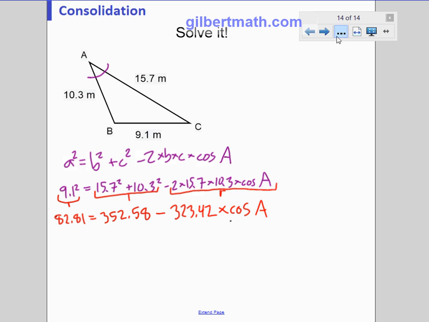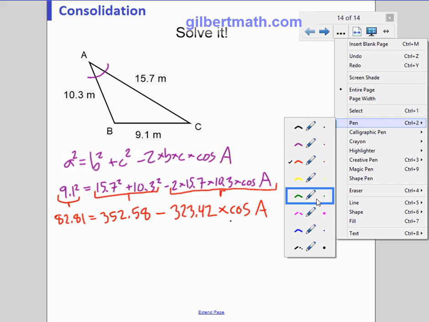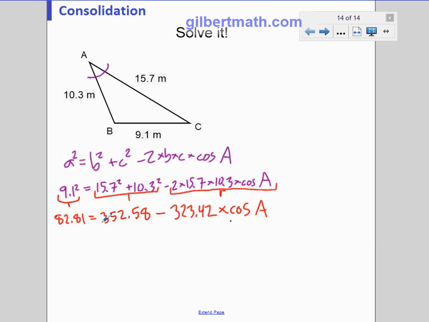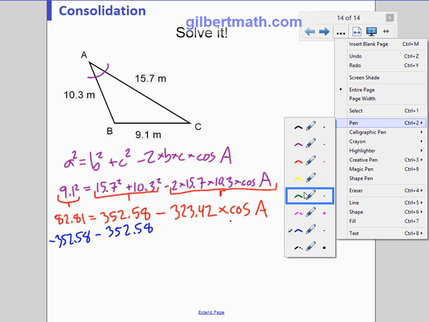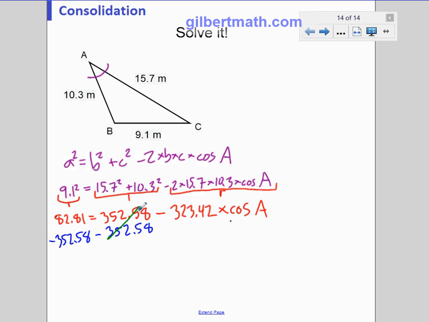So instead, we're going to work to get cos A by itself. First, we subtract this portion from both sides. We're very careful because on the right it cancels out, and that's pretty straightforward. On the left, we end up with a negative number.